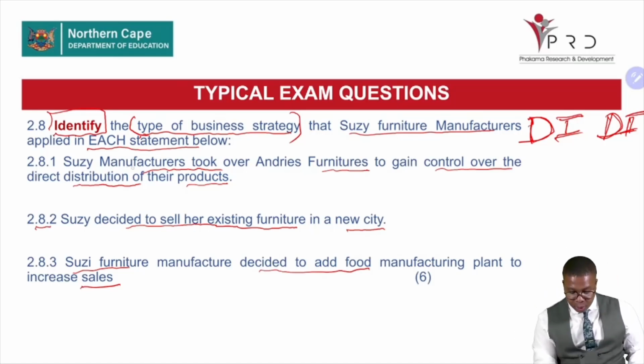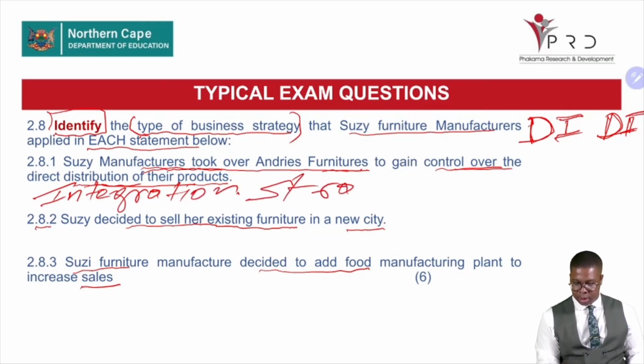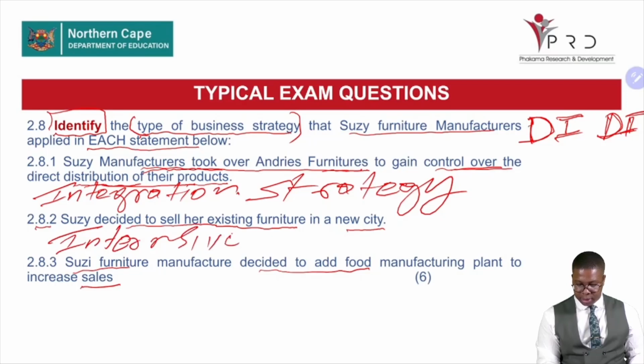So when they are saying Suzy manufacturer took over Andre's Furniture to gain control over the direct distribution, therefore the answer that is applicable there should be integration strategy. Then Suzy decided to sell her existing furniture in a new city. So this must be intensive strategy.